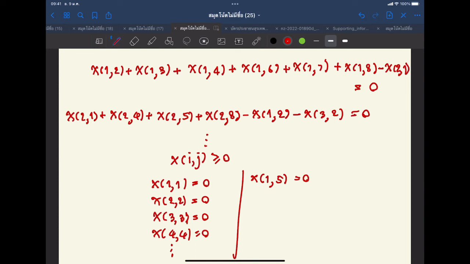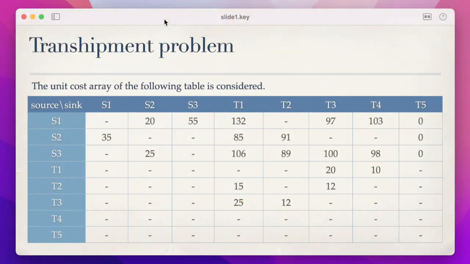But we see from this table that the dash means impossible to ship the commodity through that direction, through that route. Okay, but 0 means the cost is 0, the shipment is free.